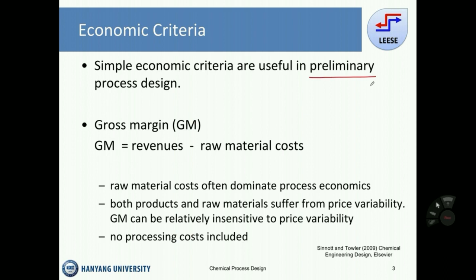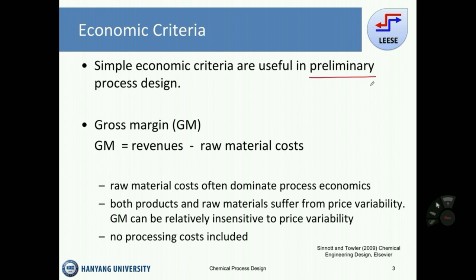So one of the simple criteria used in the early stage of the process design is the gross margin. So GM, gross margin, is given by revenue minus raw material cost. Raw material cost, as I said in the evaluation of the operation cost, is the dominant factor for the process economics.